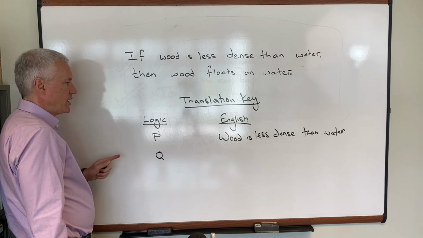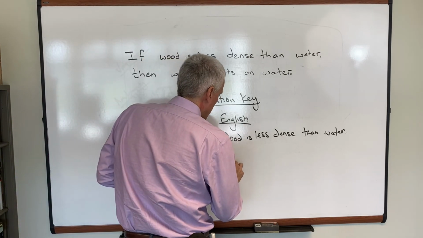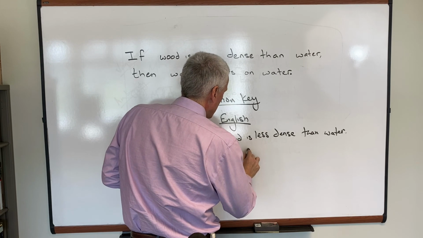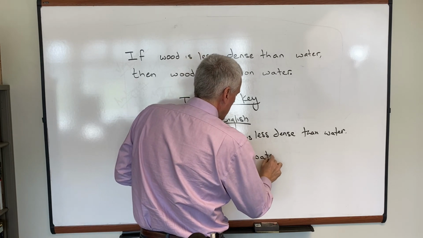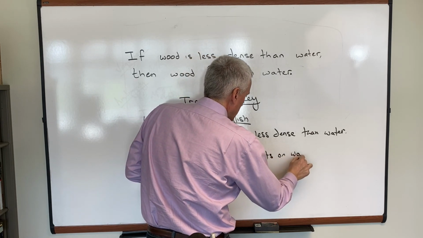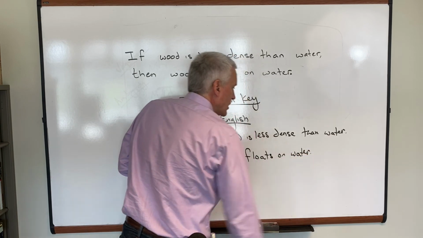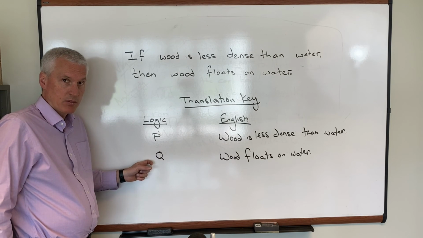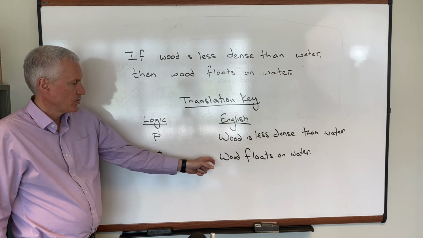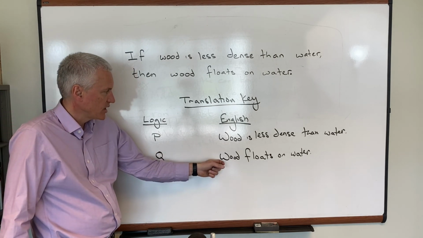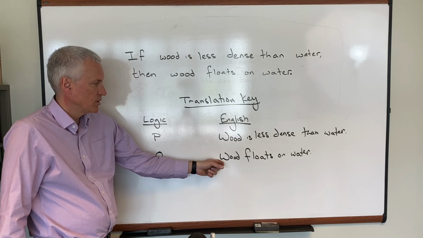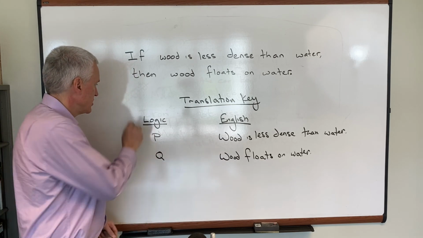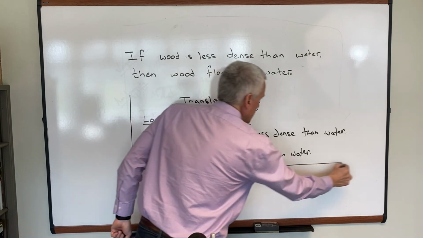And so we ought to give that an equivalent single letter in our propositional logical language. There has its meaning here translated for us in our translation key as wood floats on water as this atomic sentence.